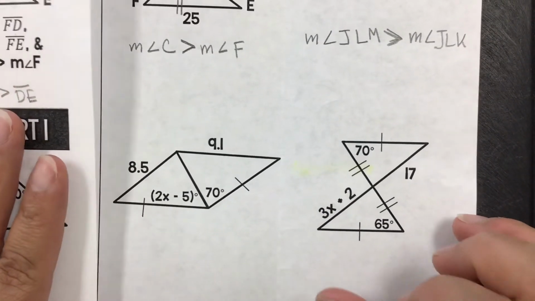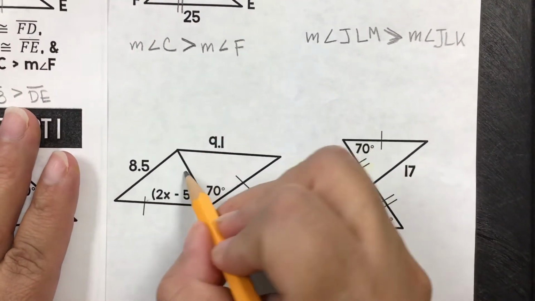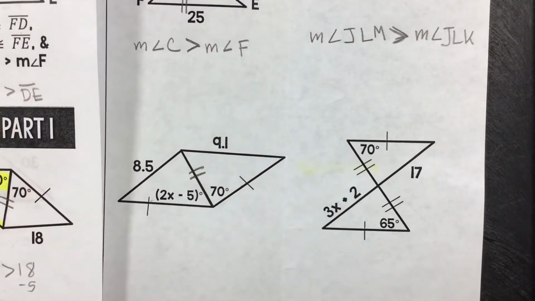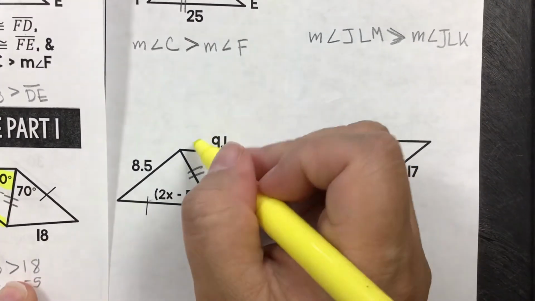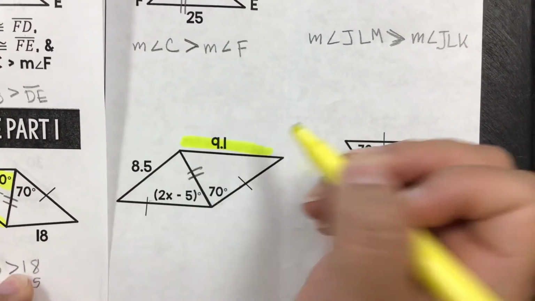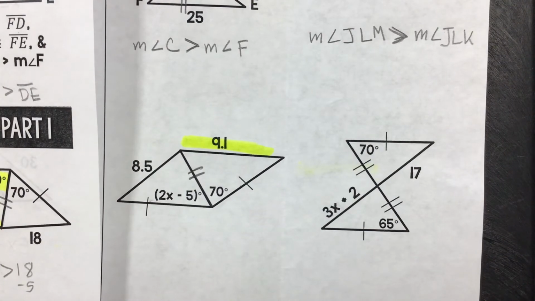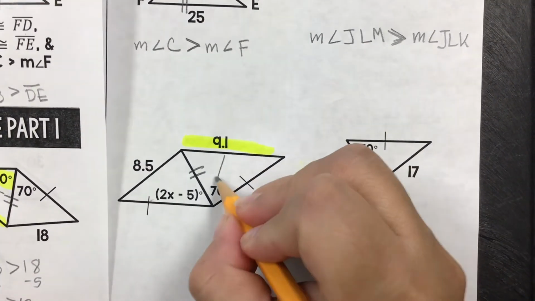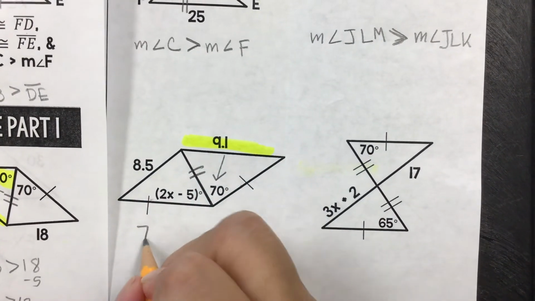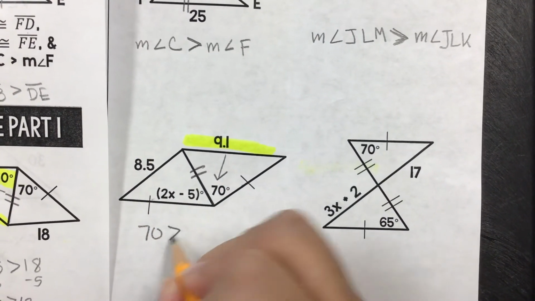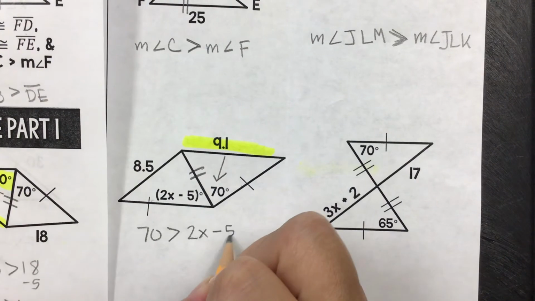Okay, let's take a look at an application. We have these two sides equal. Remember, that's the reflexive property, makes those two sides equal. We know that 9.1 is greater. That means that 70 is greater than 2x minus 5. So we write 70 is greater than 2x minus 5.